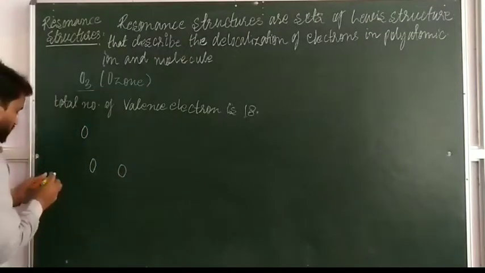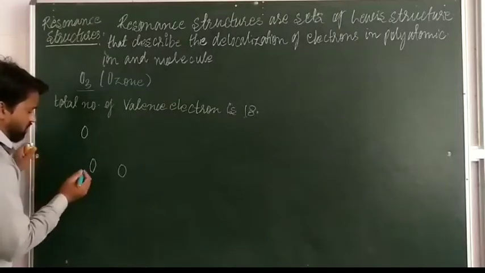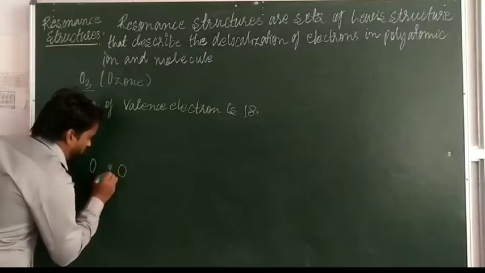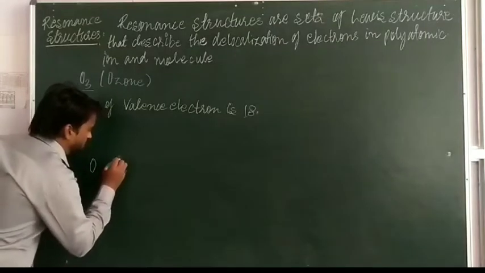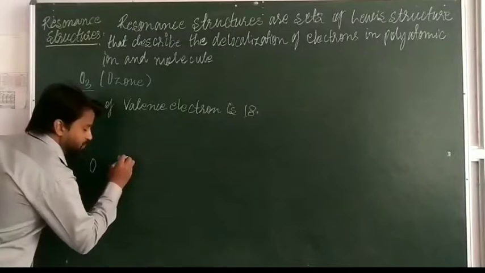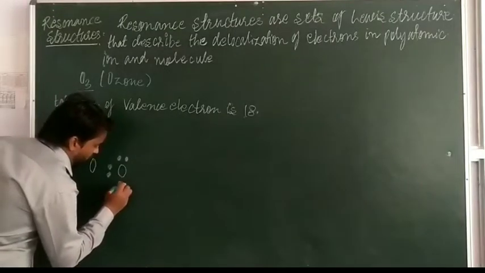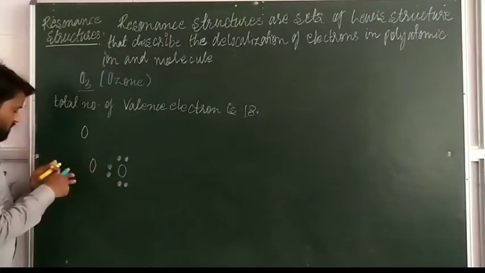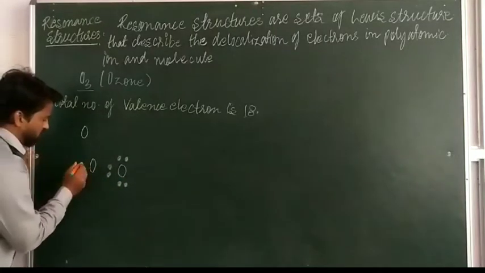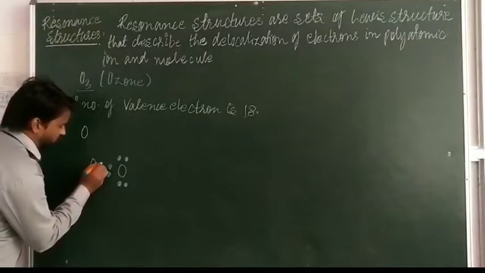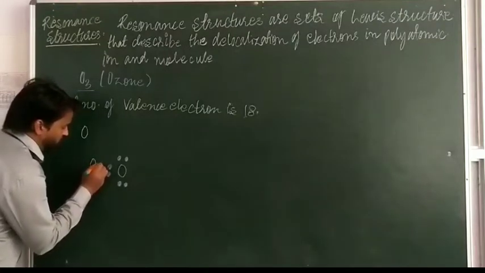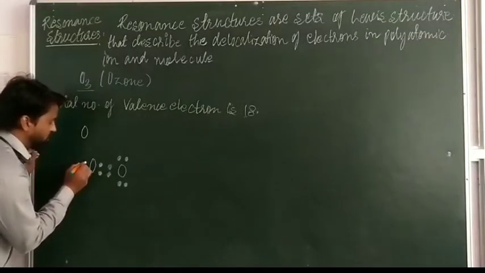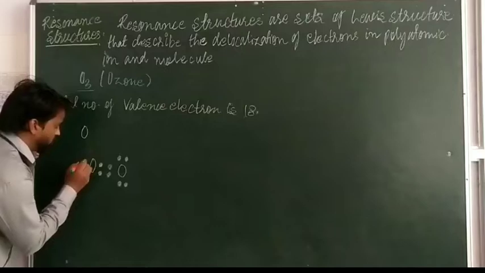There are oxygen atoms, each having 6 valence electrons. This is the electrons for this oxygen atom, and the central atom in the ozone molecule also has how many electrons? 6. Good.